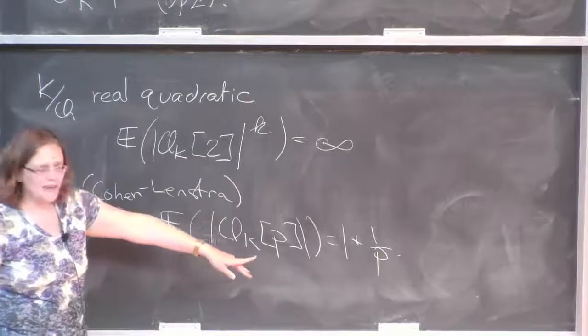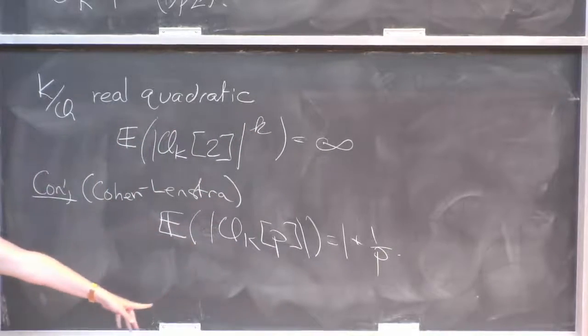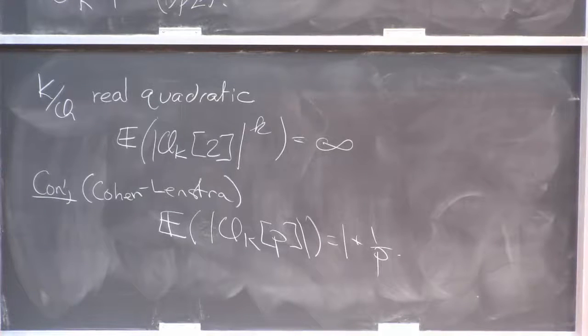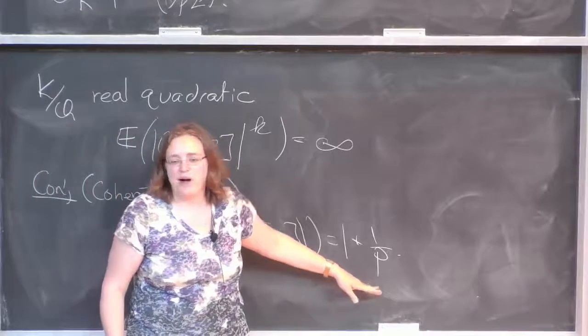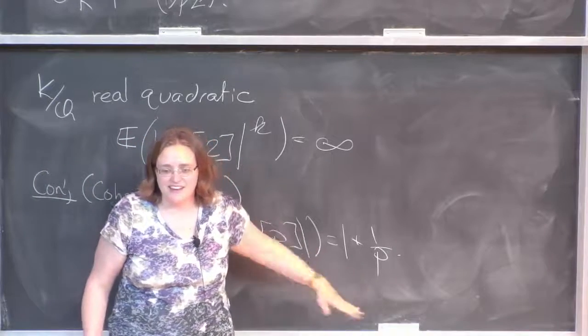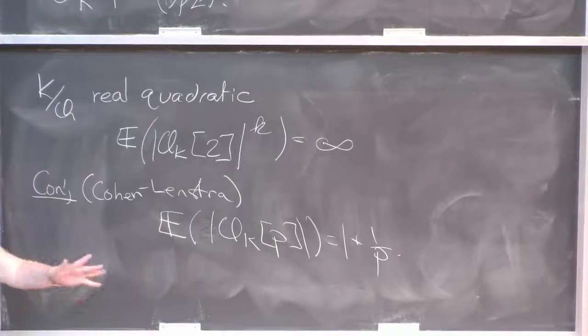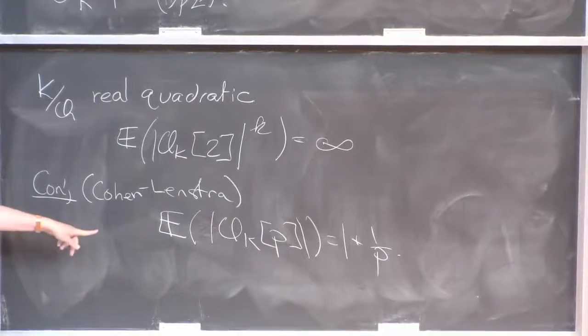So it does depend on p, but it depends on p in this sort of uniform way. And one could formulate more on the level of the distributions of groups what that uniformity means. But one concrete shadow of that uniformity is that this is, for example, a polynomial in p and 1 over p that you get for all the p's except for 2. Okay? And this, again, is known when p equals 3 from Davenport-Heilbronn.